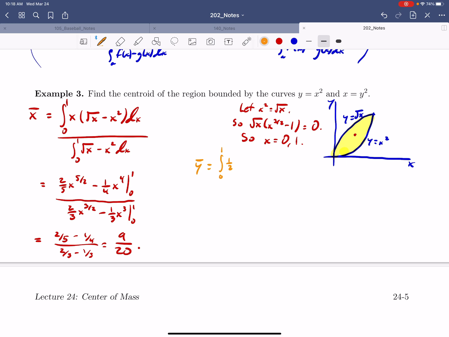So it's going to be 1/2 times root x squared minus x squared dx. And remember, we're going to be dividing this by 1/3, which we're getting from here.